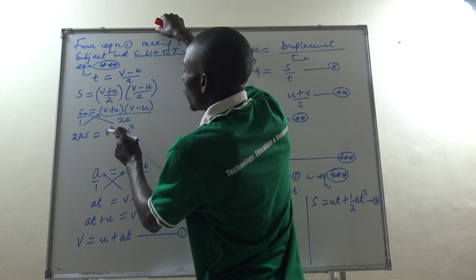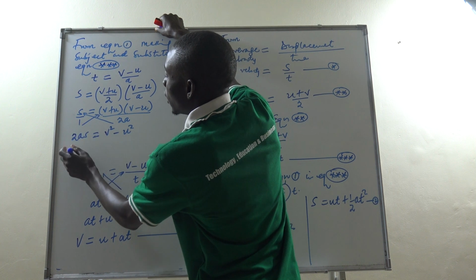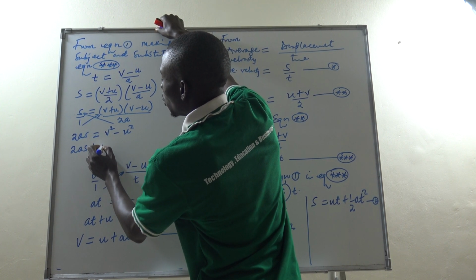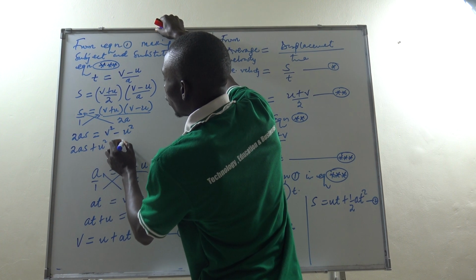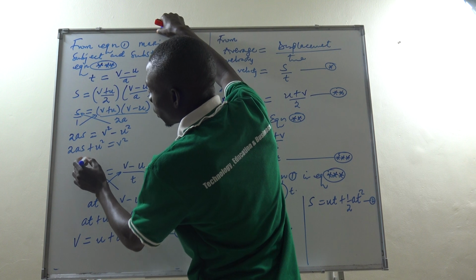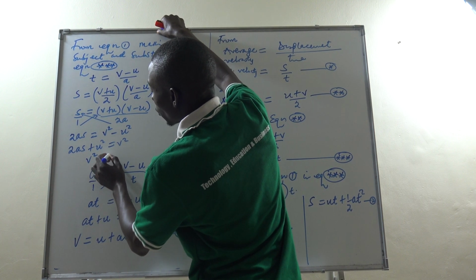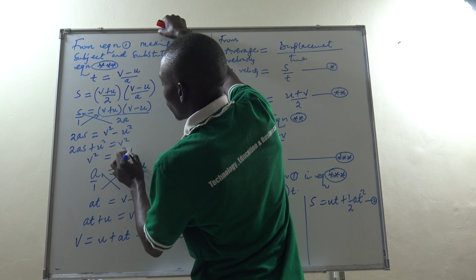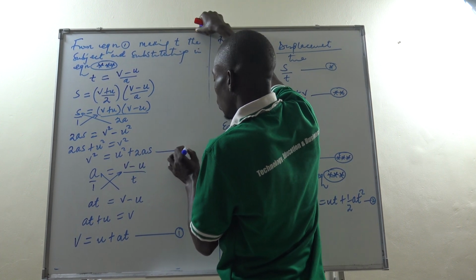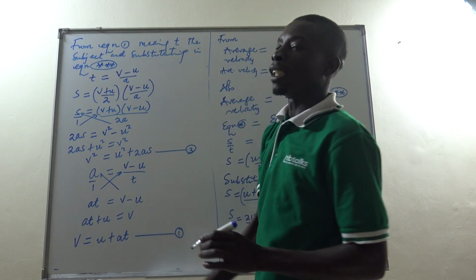Taking u squared to the other side, 2as plus u squared equals v squared. Rearranging, v squared equals u squared plus 2as. I call this equation 3.